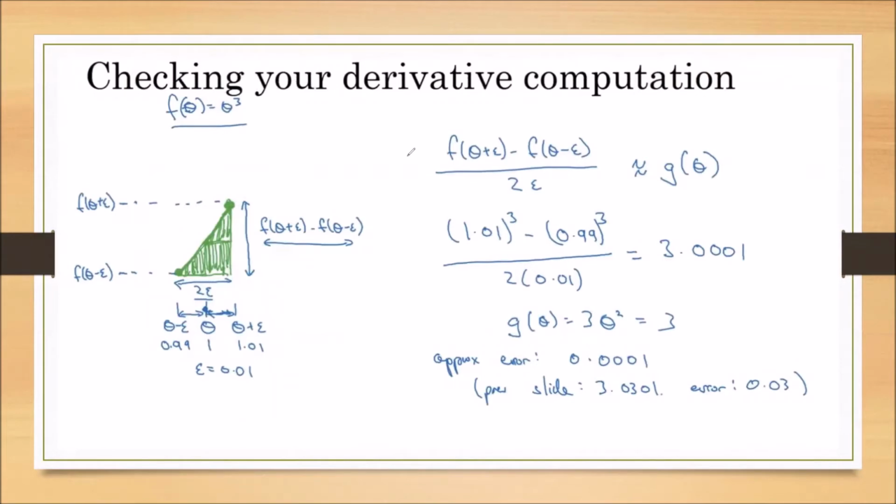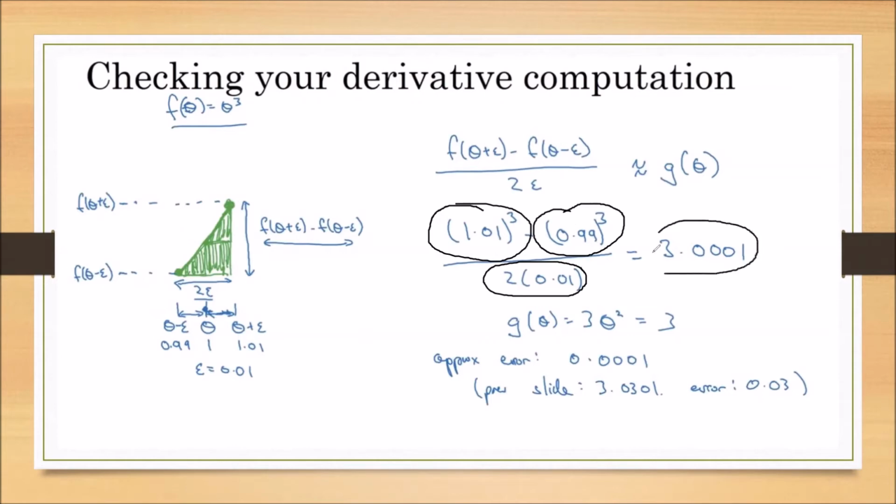This is what we call the differentiation of f with respect to theta. It means whenever we change theta, how the value of f changes. We substitute theta plus epsilon, 1.01 whole cube, and theta minus epsilon, 0.99 whole cube. Epsilon is a very small value, 0.01. When we divide by 2 epsilon, it gives 3.001.